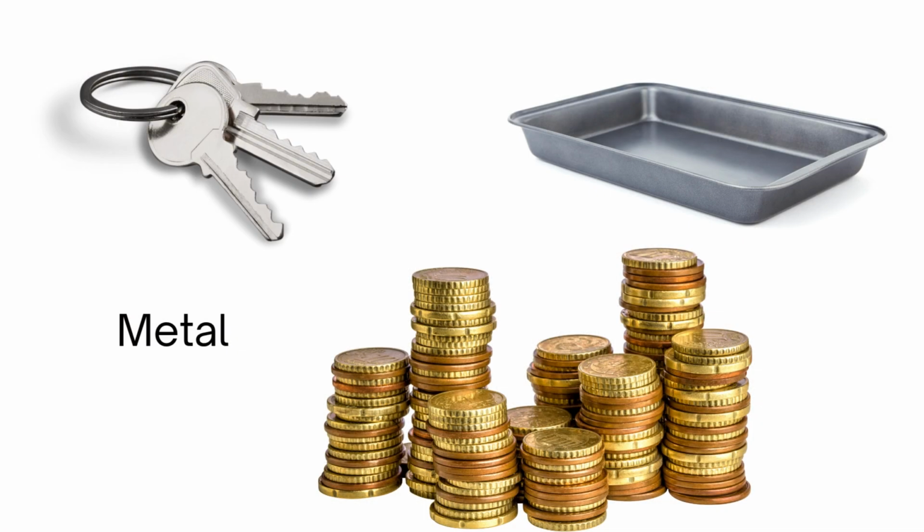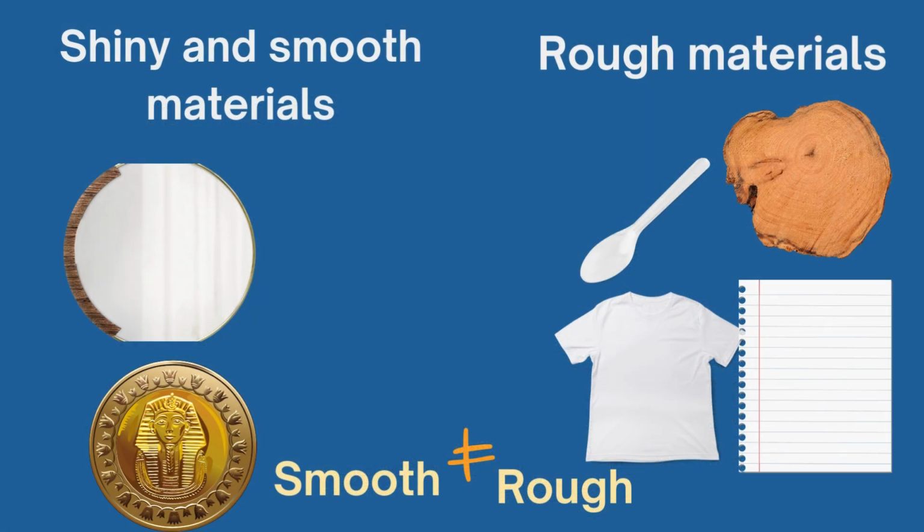So now, we have shiny and smooth materials such as the mirror and metal, and we have rough materials, okay? They aren't shiny, they aren't smooth. So the opposite of smooth is rough, okay?